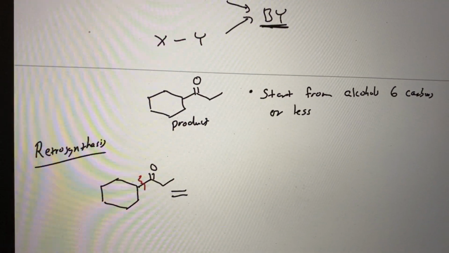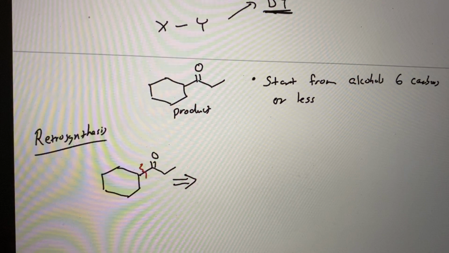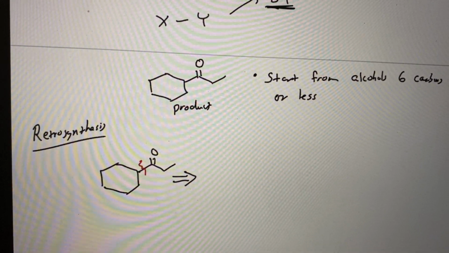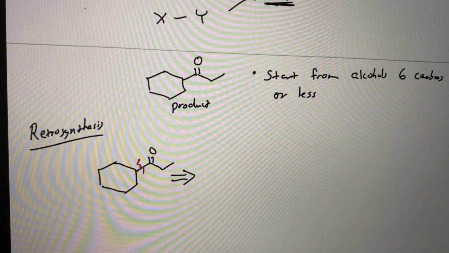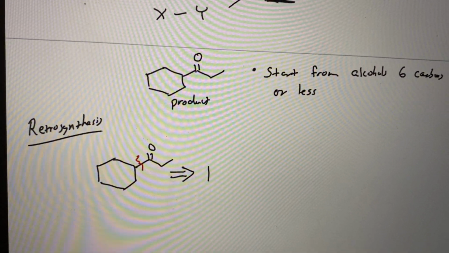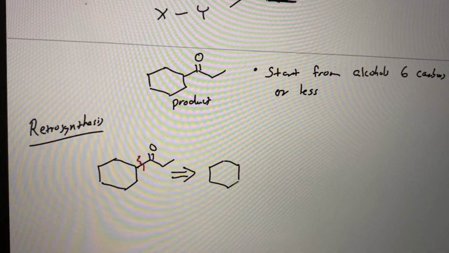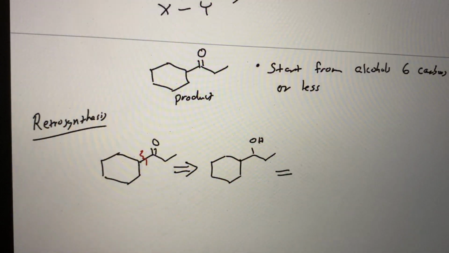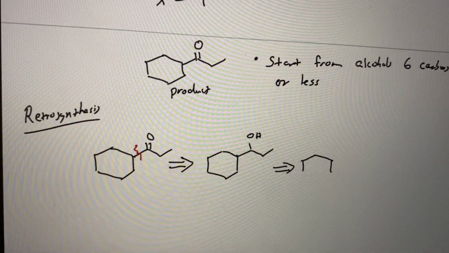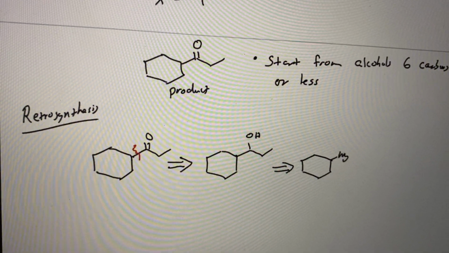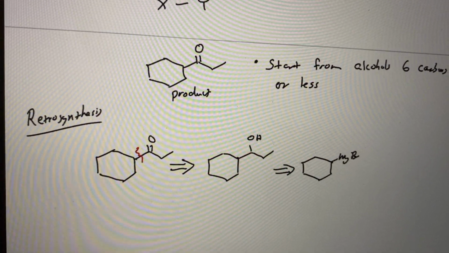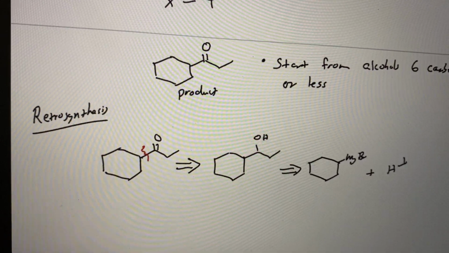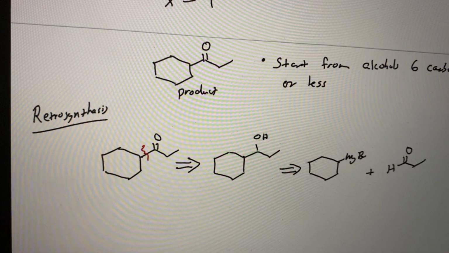So now in retrosynthesis, that's going to give us something that we would be able to break that bond. However, we first need to think about, let's just go ahead and do it then. We probably want to make that from an alcohol, and then we could break that bond into, say, something that is a Grignard reagent, and how about this aldehyde as our product?